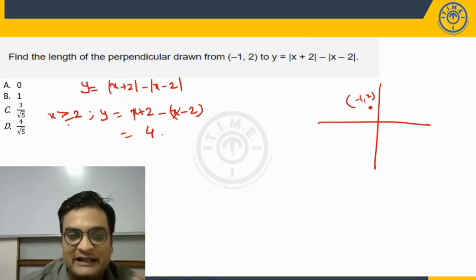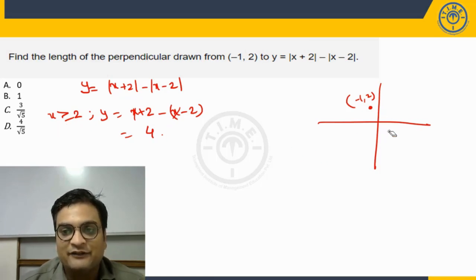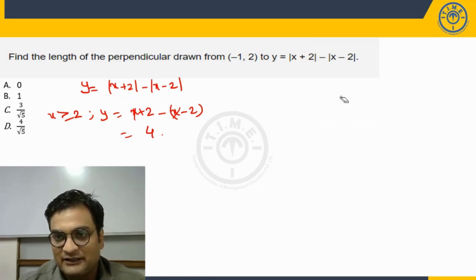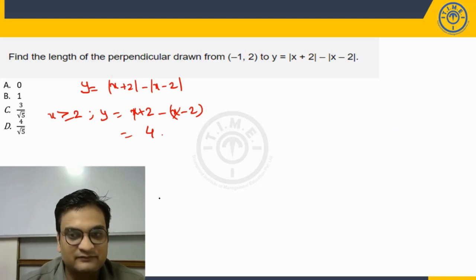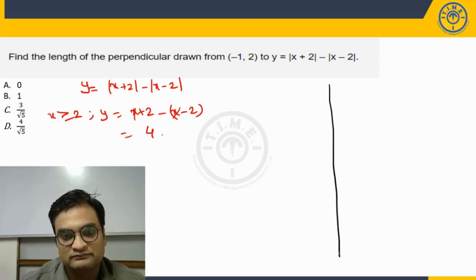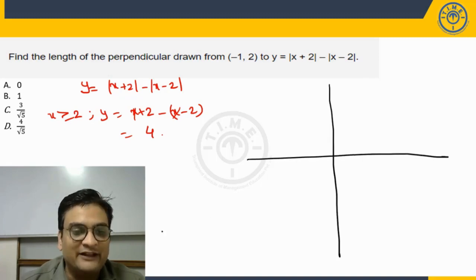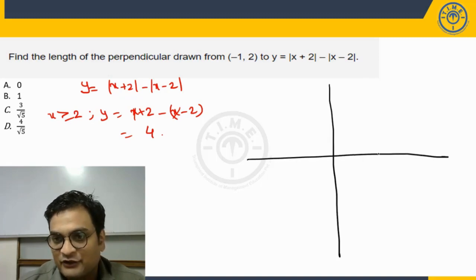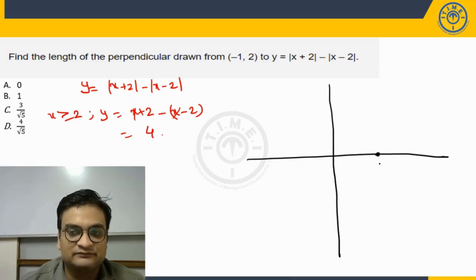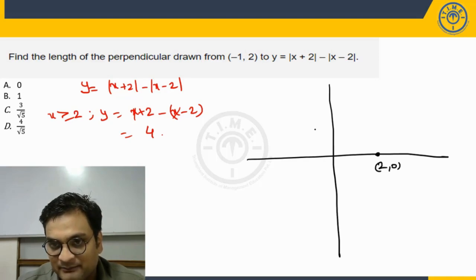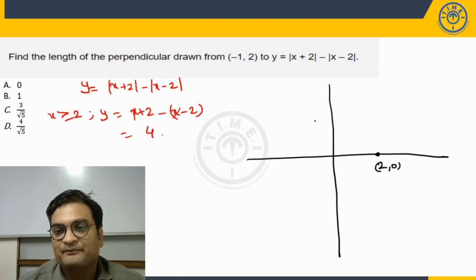So that means for any value of x greater than or equal to 2, let me just draw the graph again properly. Let's say 2 is here, and the point that we had was here, -1, 2.